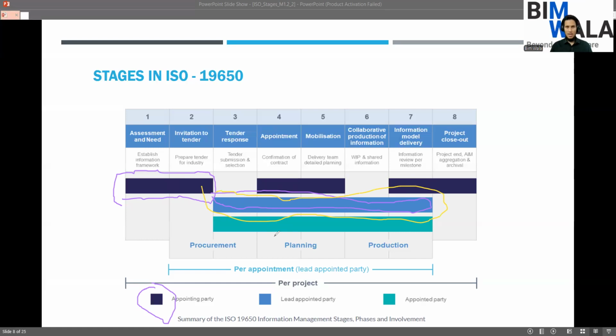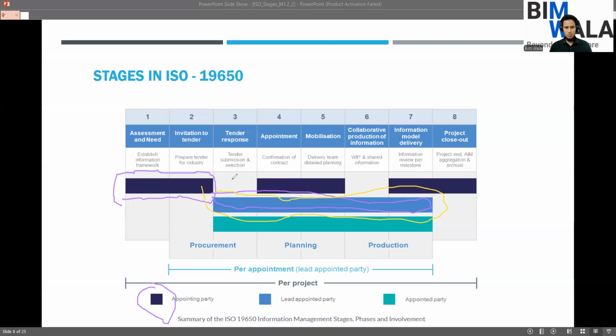L&T is a big contractor, and of course, when L&T executes a work, it is not only L&T which carries out the work, but of course there are multiple subcontractors under L&T, right? So those will become appointed parties. The one who has taken the work from the client directly is the lead appointed party. And under that, there are going to be multiple subconsultants. Those will become appointed parties.